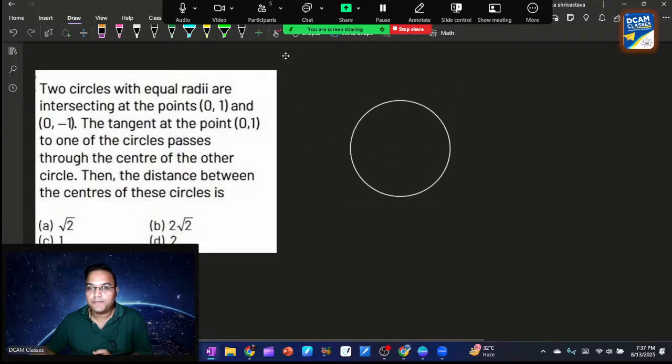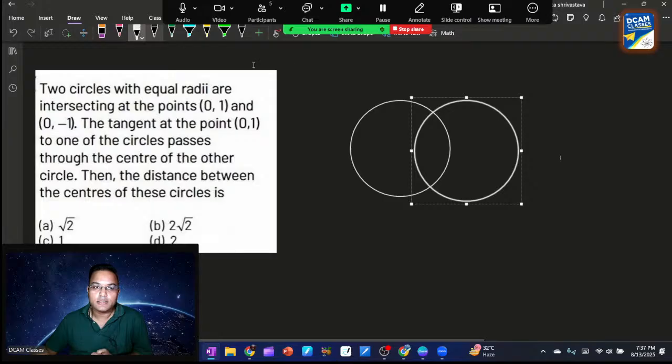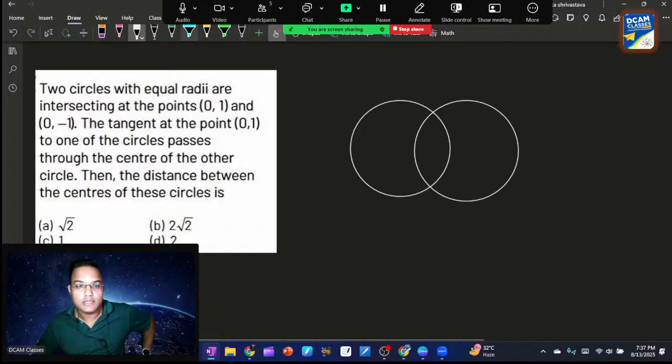This is one circle. This is another circle. Now see, why I have told this is the condition of orthogonality. So you asked me how we'll find out the radius. Because in the question they have given the circles with equal radii, they are intersecting at point 0, 1 and the other point is 0, -1.